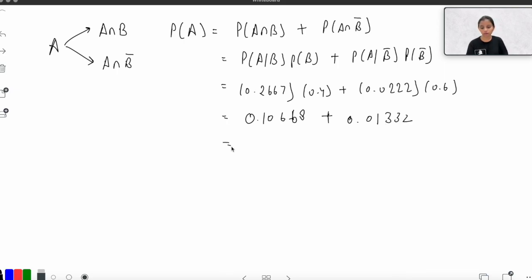Okay, which sums up to be 0.12. That is the marginal corresponding to this event A.